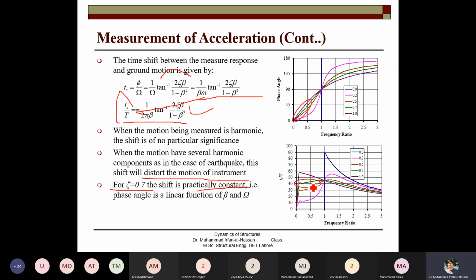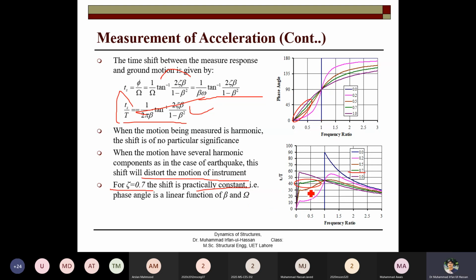This green curve is for the damping ratio equal to 0.7. For this part, you can see that the shift is practically constant and the phase angle is a linear function of beta and omega. So the phase angle is a linear function in this part.